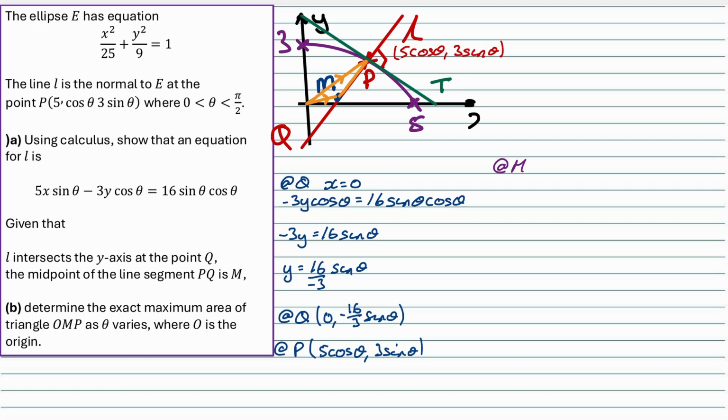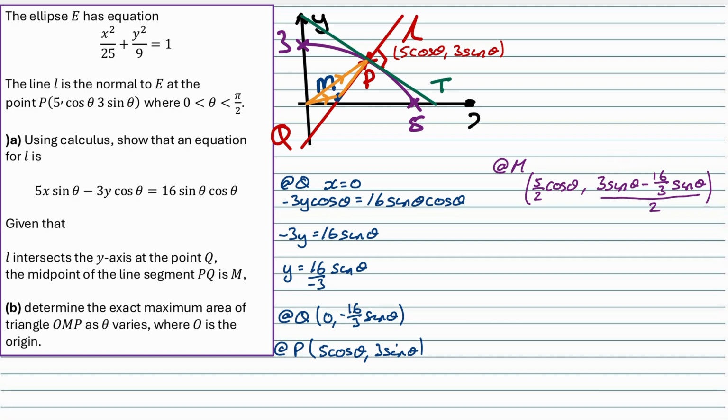So at M, the x coordinate will be halfway between 0 and 5 cos theta, so 5 over 2 cos theta. And the average y will be 3 sine theta minus 16/3 sine theta, all divided by 2. So it's just the mean average of these two points.